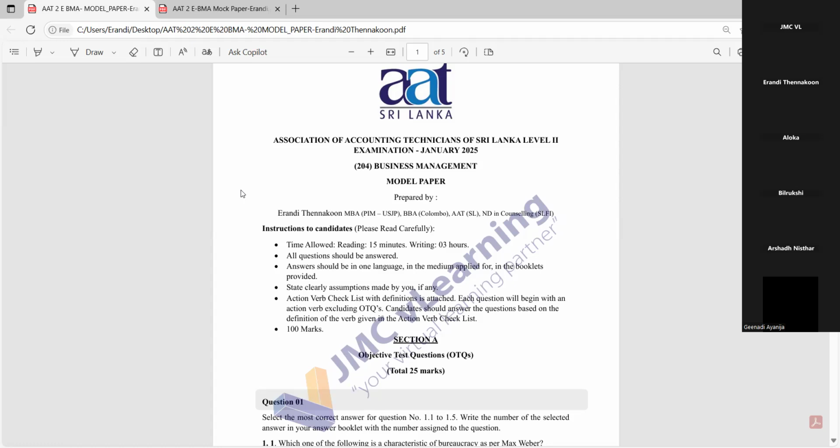Take advantage of that 15 minutes and try to highlight or underline the questions that you can answer more easily and quickly, and get an understanding of the paper. Get the advantage of that 15 minutes first, and then you will get 3 hours for writing.